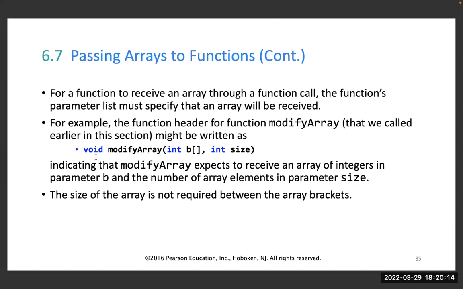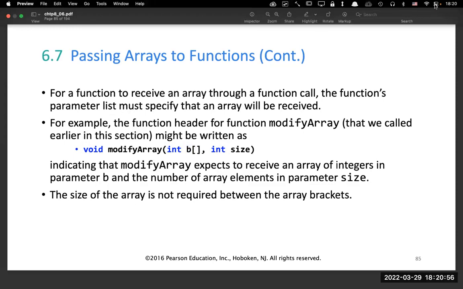This example is void modify array, int b with square brackets. This means b is an array. The int size argument should be the size of the array. In this way, you can see we don't need to put the size of the array in the brackets.